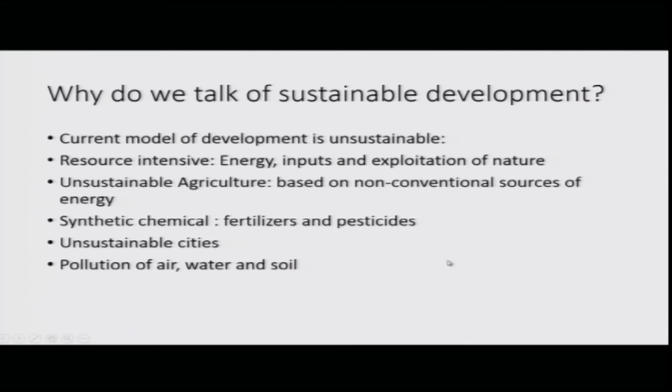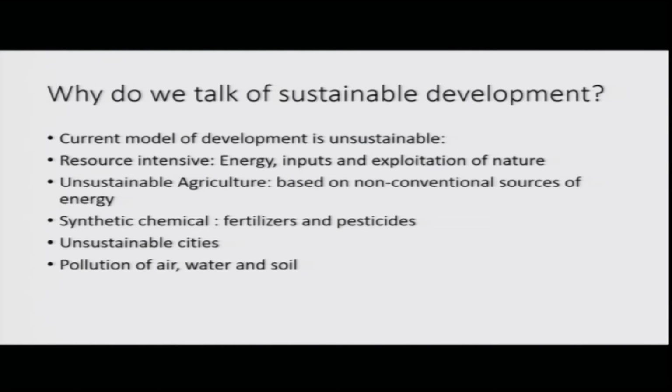We use a lot of fossil fuels for generating energy, and for this purpose we have to keep on extracting a lot of resources from nature for energy production, fossil fuels and non-renewable sources of energy.